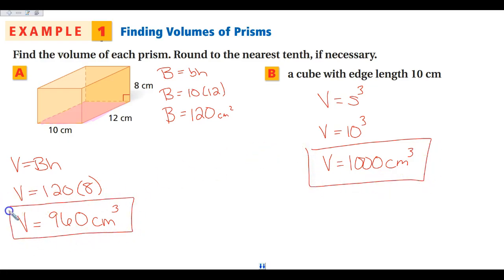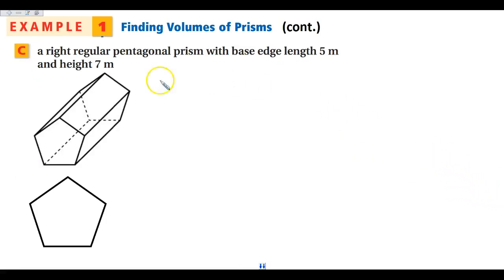All right, so C is a little more challenging. I have a right regular pentagonal prism with a base edge length of 5 and a height of 7 meters. First things first, my base is the pentagon because it's not a rectangle. So my bases are the two pentagons.